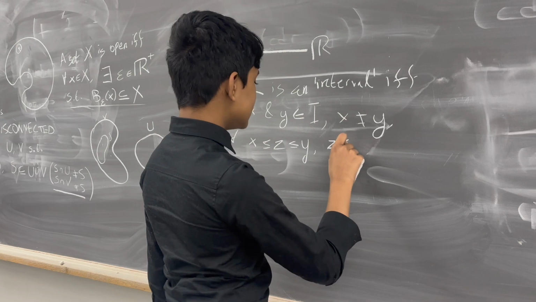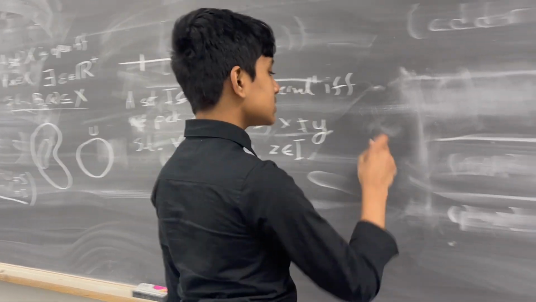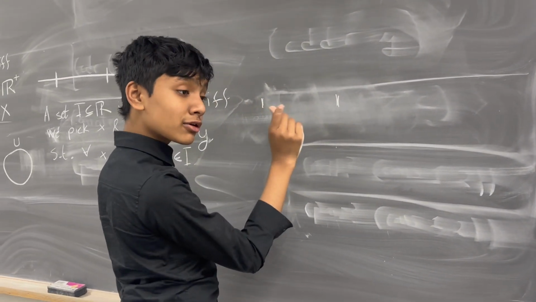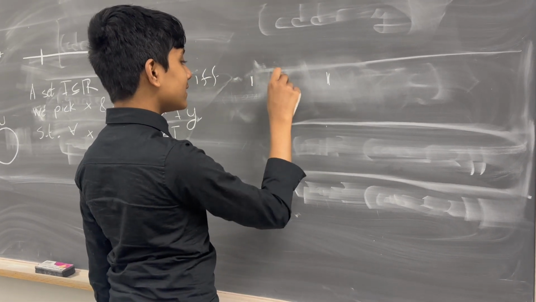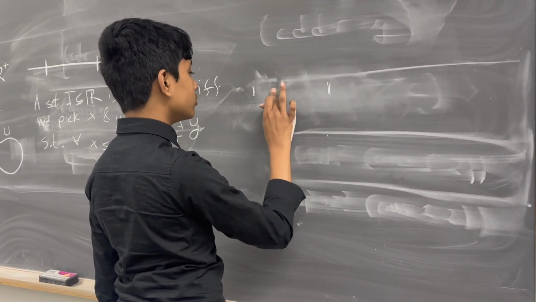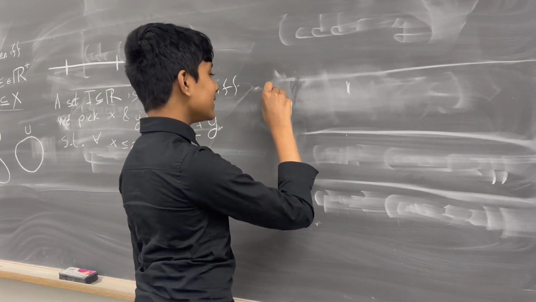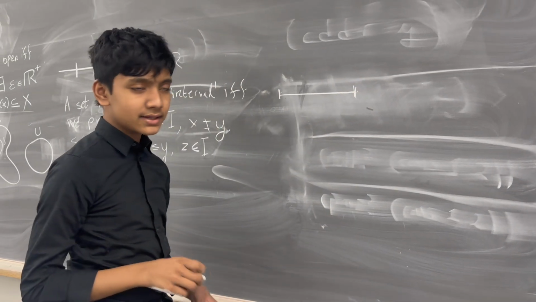z is in I as well, which basically means, in short terms, that if two points are in our interval, and we have something between them, then that point is also going to be in the interval too. An interval is just a region of space stretching from one point to the other and including everything in between.